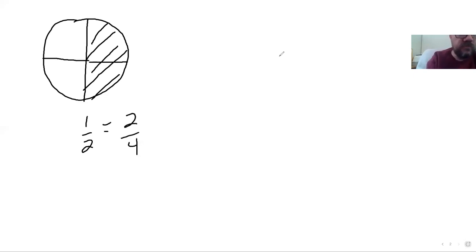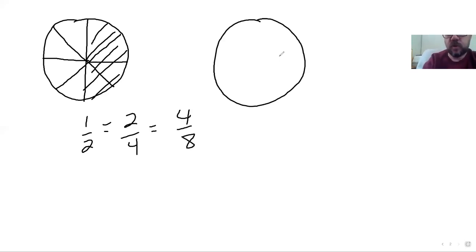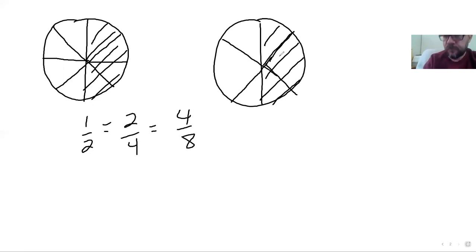Or I could have called it 4/8, because now I've got 4/8 filled up, etc. I could call it 3/6 if I just divide it into 6 pieces instead of 8.